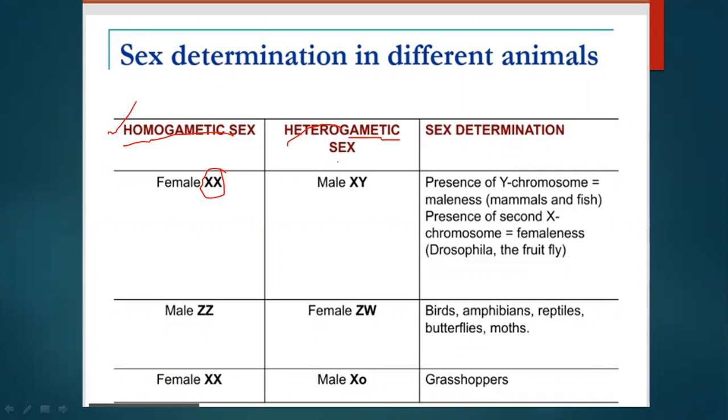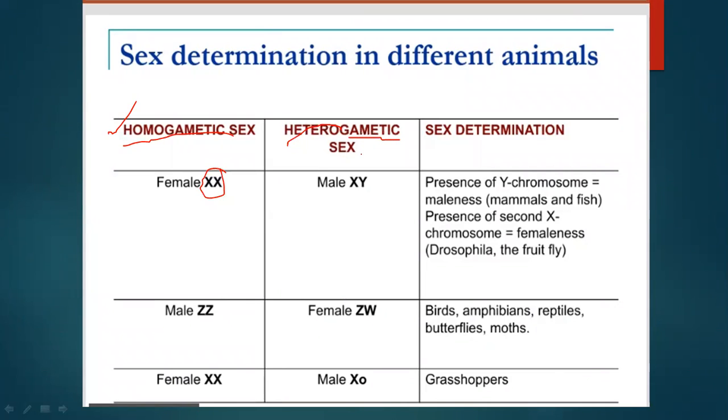If they are having different chromosomes in gametes, that is called heterogametic.